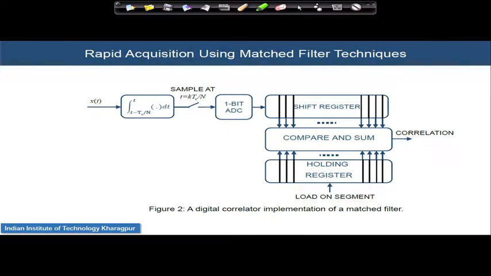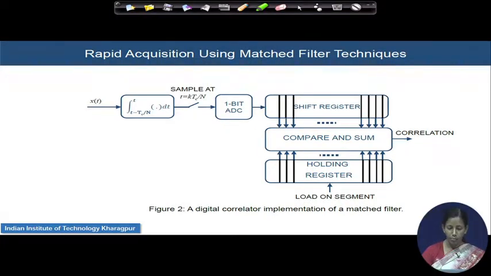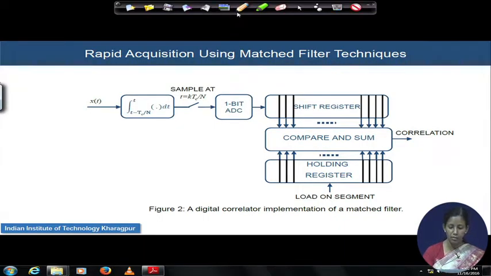We are more interested in this shift register architecture. This is a digital implementation of the match filter, where we have two registers. One is the holding register, another is the shift register. Inside this holding register, we first load a segment of the PN chip segment, say having capital M number of chips, and the incoming signals are sampled by a 1 bit ADC at the rate of KTC by N, like the analog architecture.